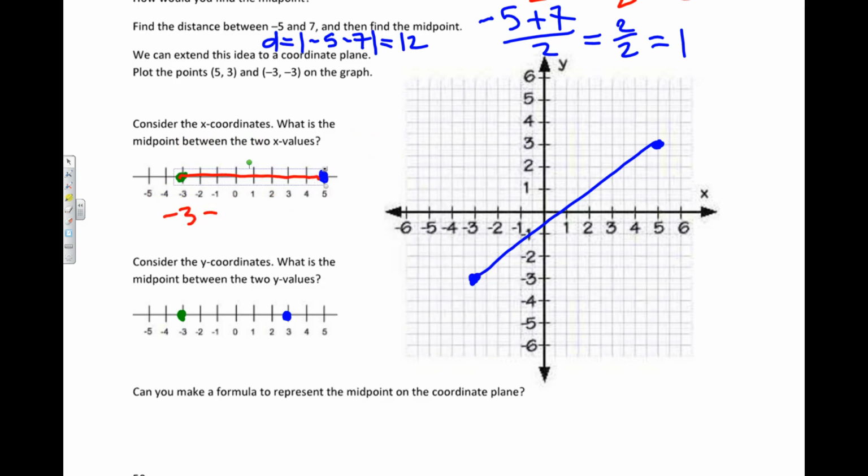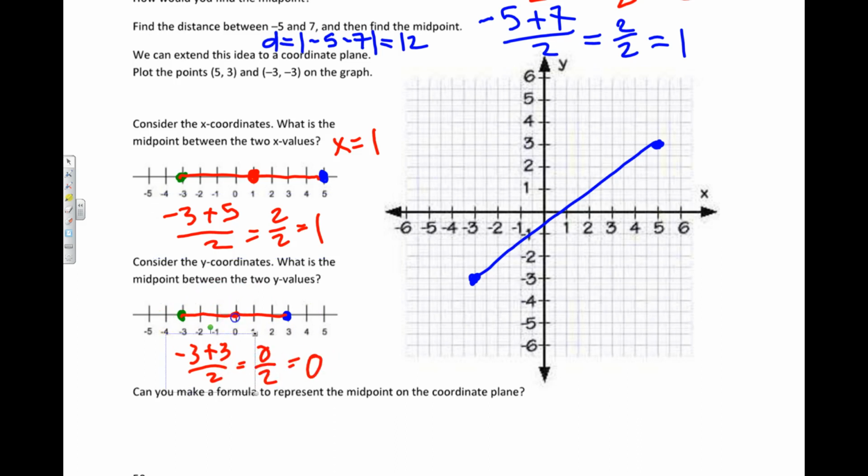Okay. Well, if I'm looking for the midpoint of the x's between -3 and 5, my midpoint here is -3 plus 5 divided by 2, or 2 over 2, which is equal to 1. So I think my x coordinate is going to be 1. Now let's look at the y's. I've got a -3 and a 3. Well, -3 plus 3 over 2 is 0 over 2, so I expect exactly halfway to be 0.